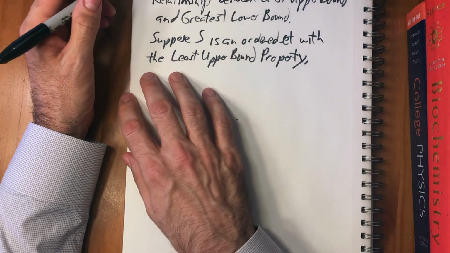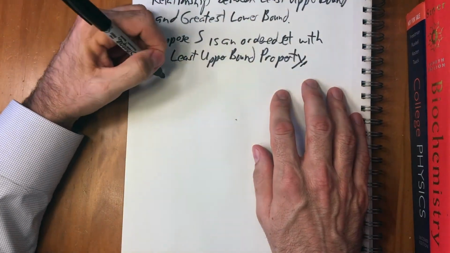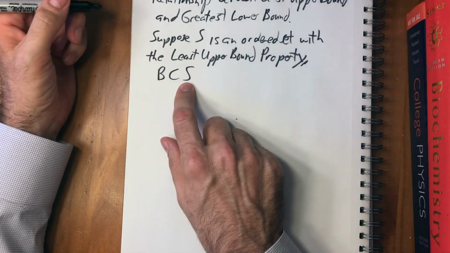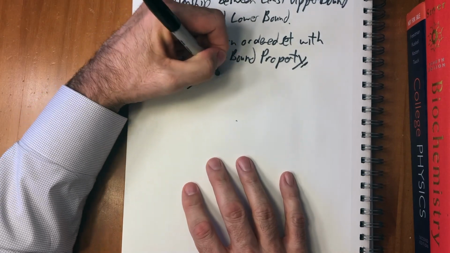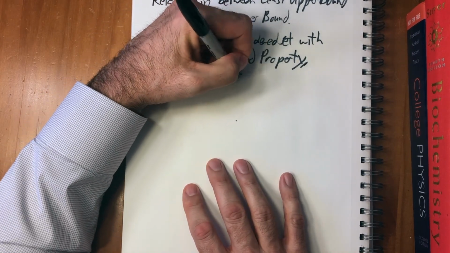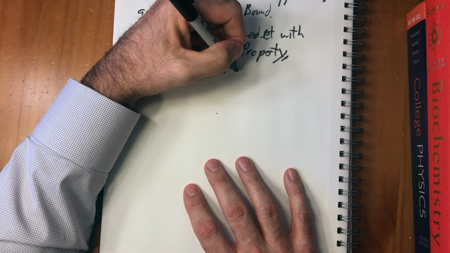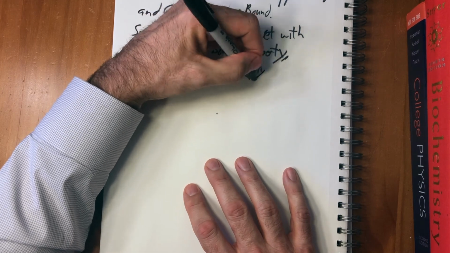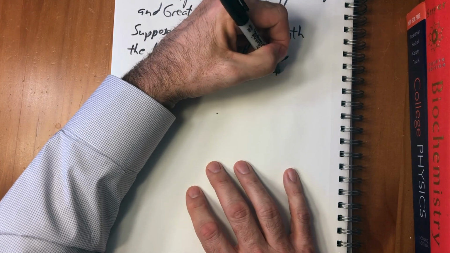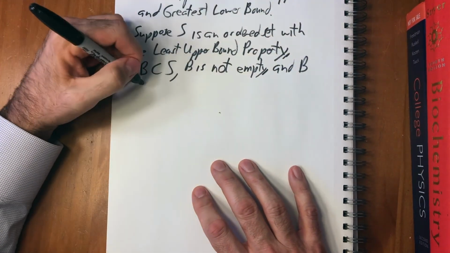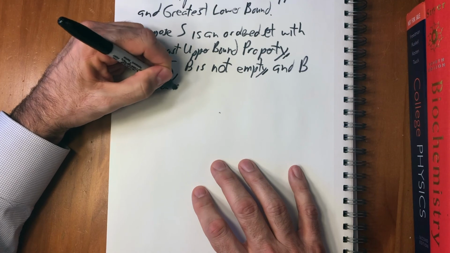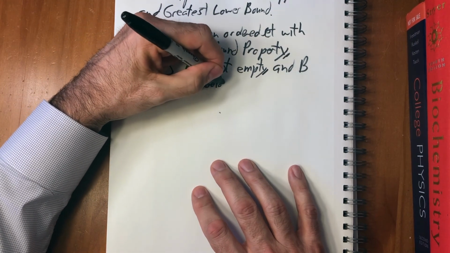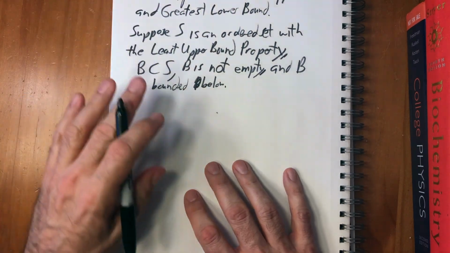So S has the least upper bound property, and then we have a subset of S called B. B is not empty, same given criteria, and B is bounded below. Okay?